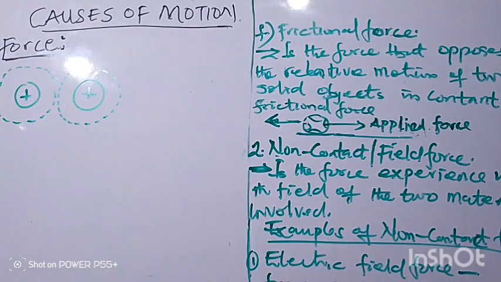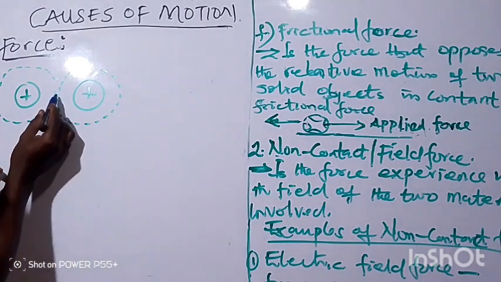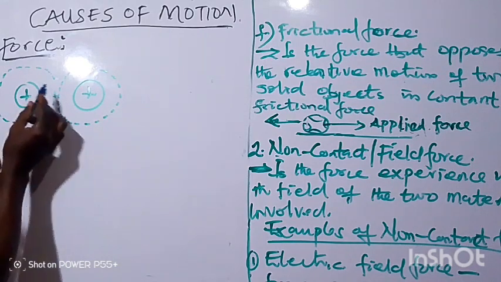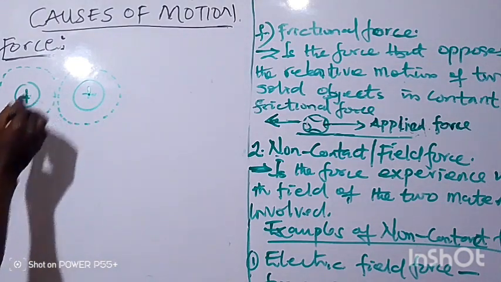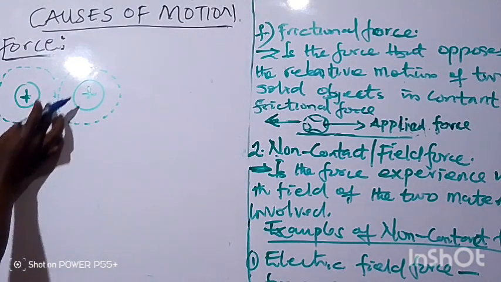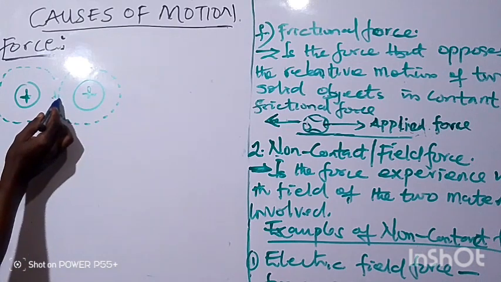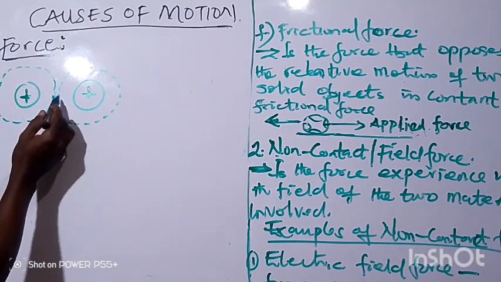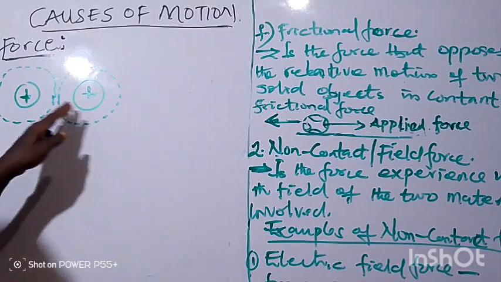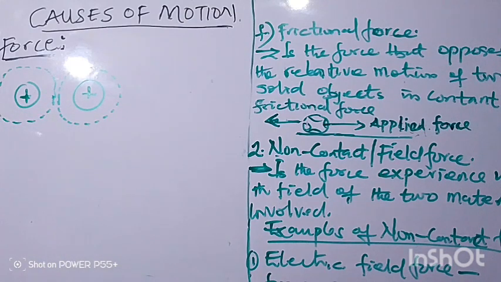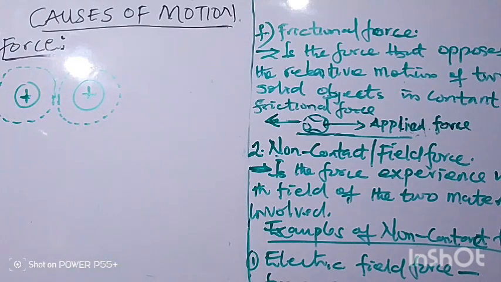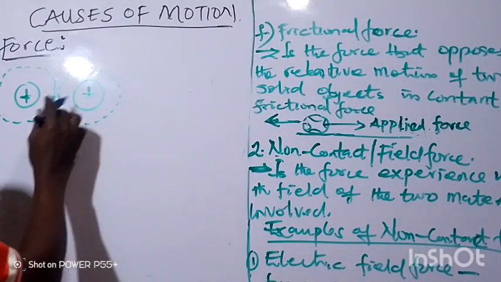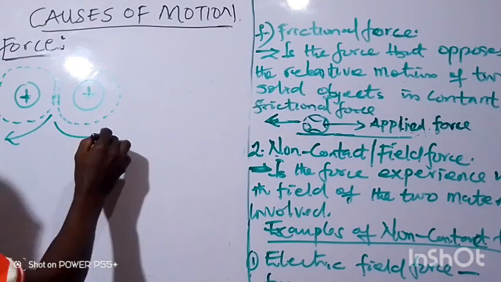So immediately when this region reaches this place, then the force will be experienced. It's not necessary that the two charges touch each other. And since these are two positive charges, the force we experience here is called repulsive force. So in between these two, there will be repulsive force.